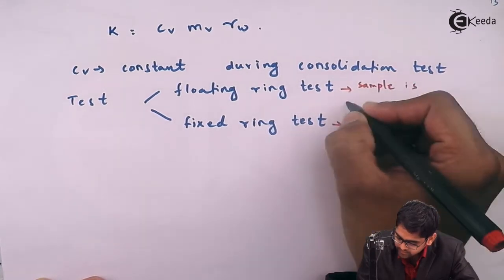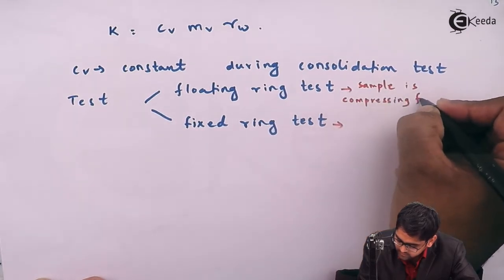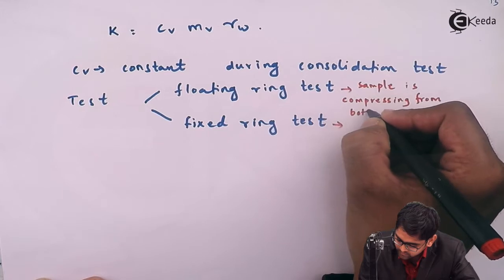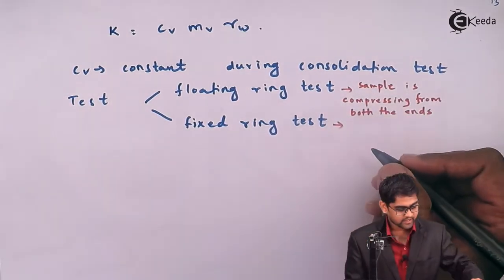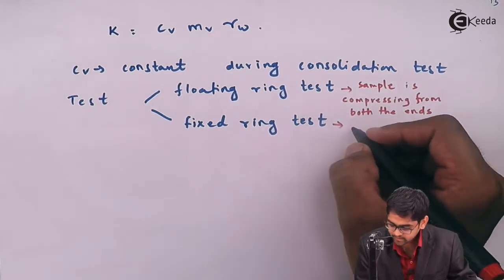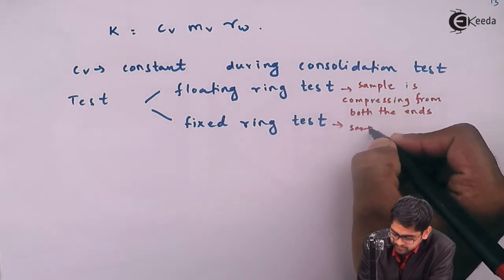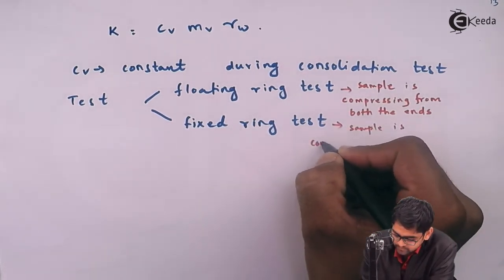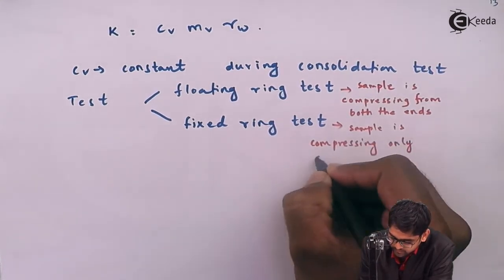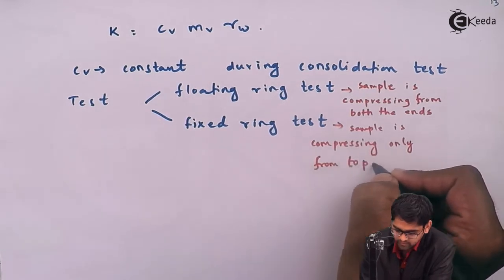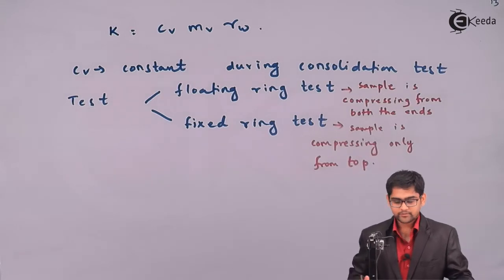In the floating ring test the sample is compressing from both the ends, and in the fixed ring test the sample is compressing only from the top.